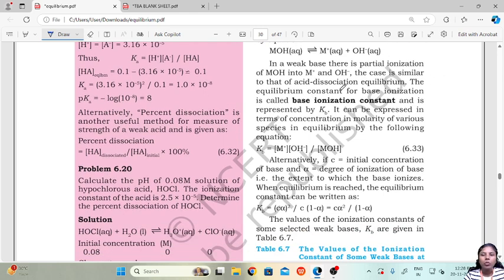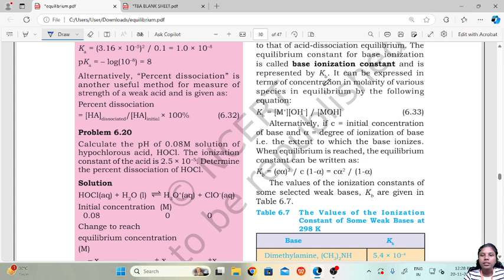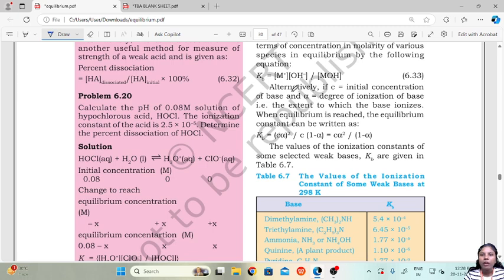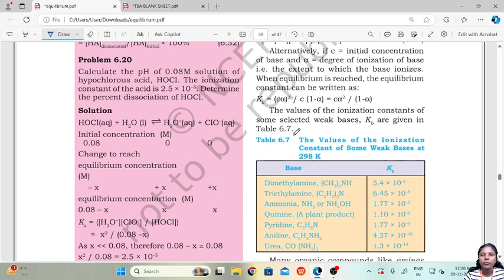Now the equilibrium constant for base ionization is called the base ionization constant. There it was called the acid ionization constant, and here it is represented by K subscript b. It can be expressed in terms of the molar concentrations of the various species at equilibrium by the following equation. The same way as we did for the acid, we write Kb equals the concentration of M plus into the concentration of OH minus upon the concentration of MOH.